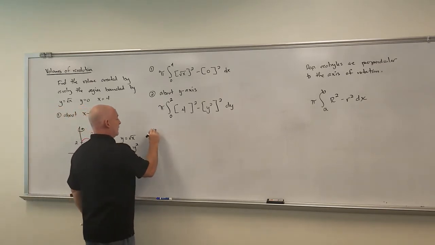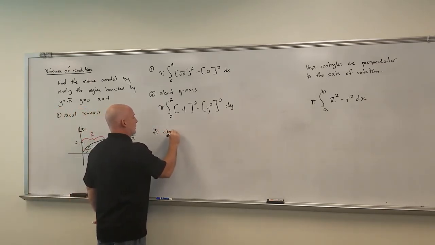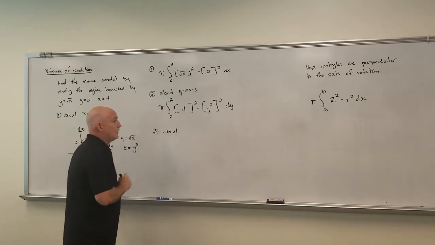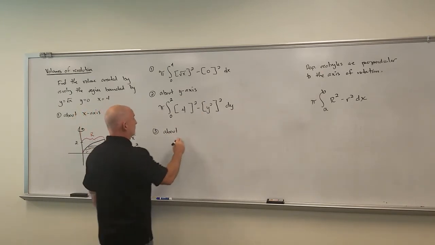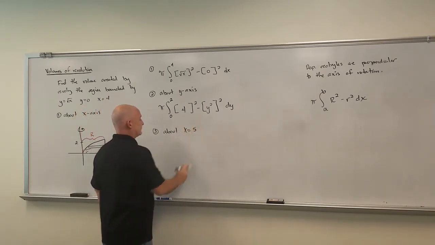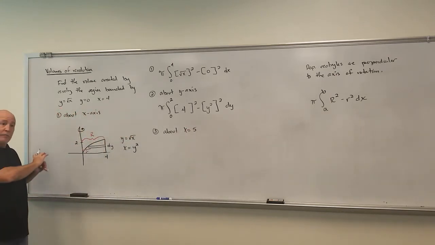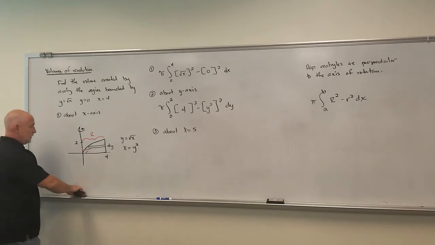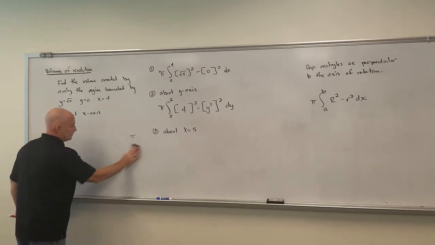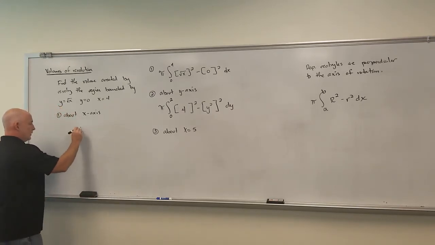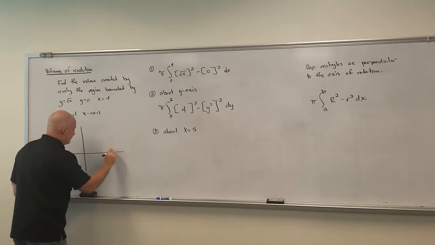All right, let's try another one. Let's go about something completely different. What if I said, let's go about the line x equals 5. Again, I would highly suggest you draw a brand new picture. I am, but I gotta get rid of the old one. So, drawing the exact same picture.